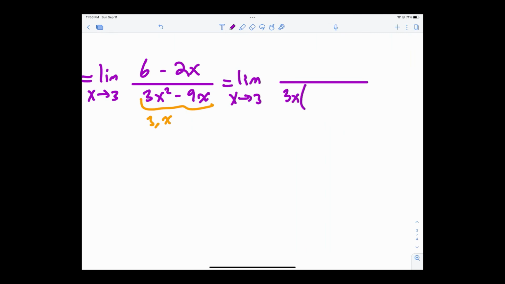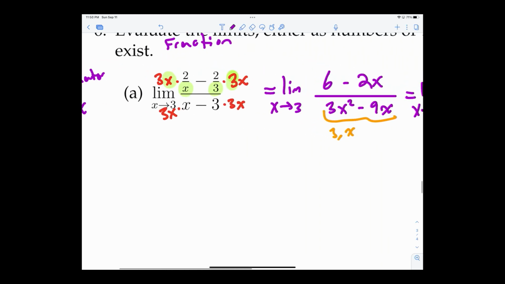And if I do, what I'm going to be left with there is, if I take away 3x down here, I'm going to have just an x left, right? And if I take away the 3x here, I'm going to have just a 3 left, so minus 3. Basically, I'm back to what I started with, right? x minus 3, and then times 3x.